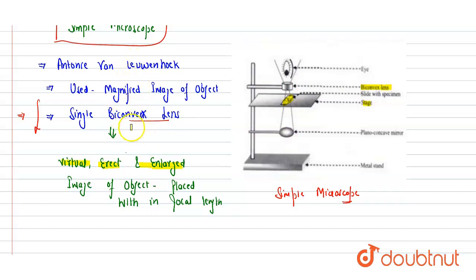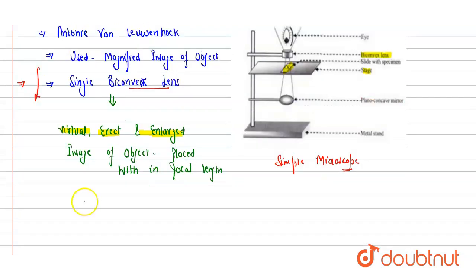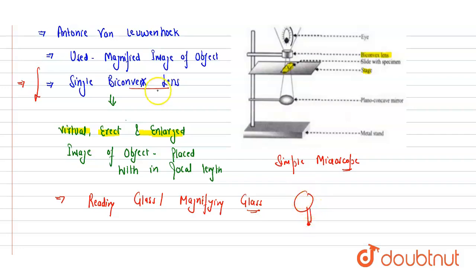This lens is also used as a single reading glass or magnifying lens, simply without the other parts of the microscope. Many scientists hold a single glass-like structure through which they see microscopic objects.